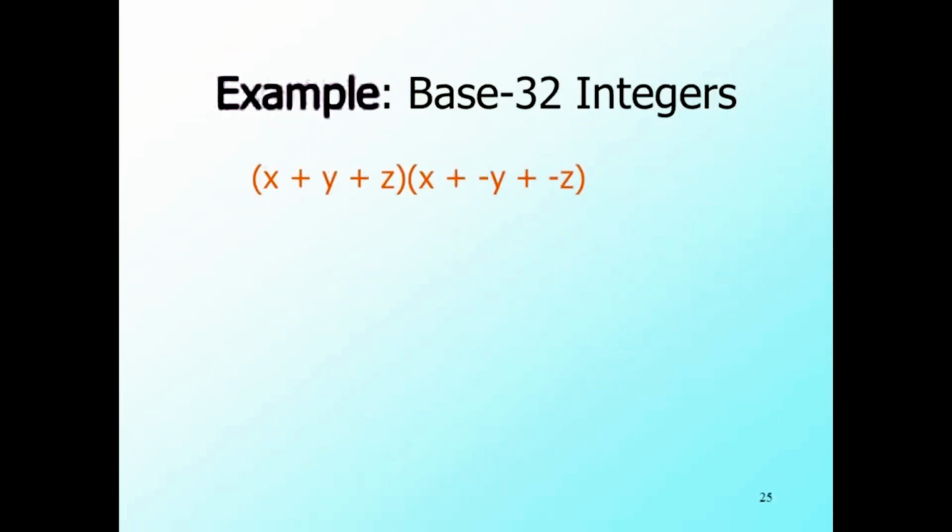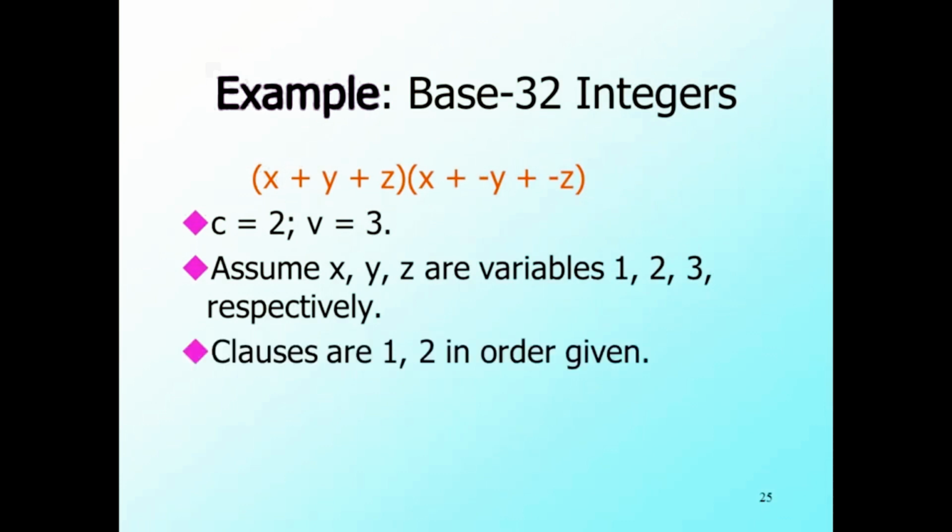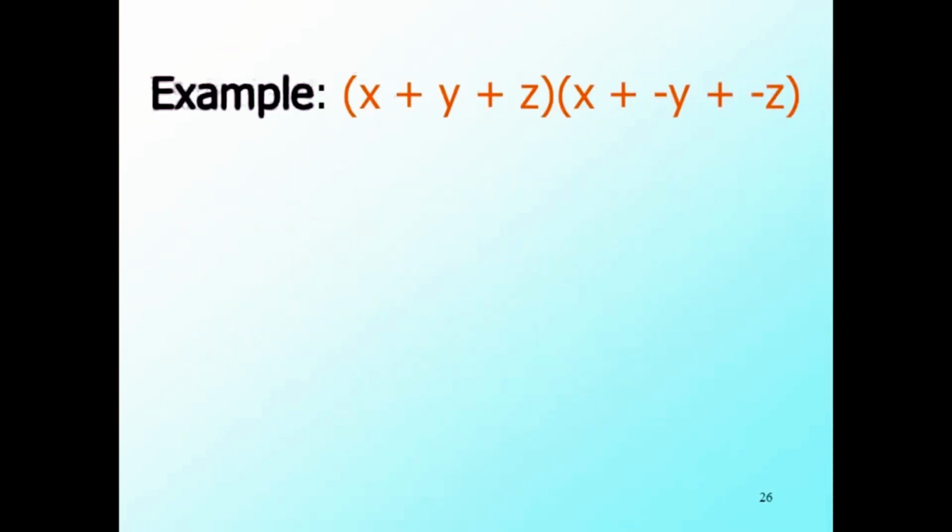So here's a tiny example. There are two clauses and three variables in this expression, so c equals 2 and v equals 3. Let's number the three variables x, y, and z by 1, 2, and 3 respectively, and number the clauses 1 and 2 in the order in which they appear. Let's see the base 32 integers constructed for this example.